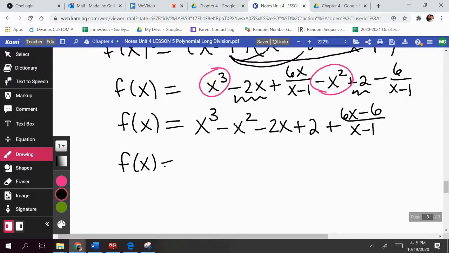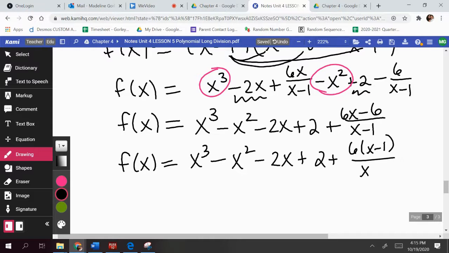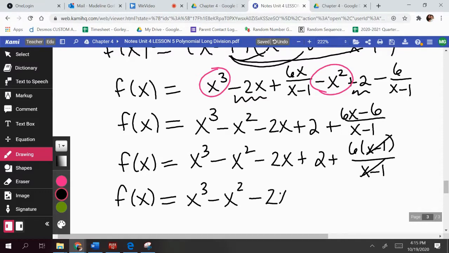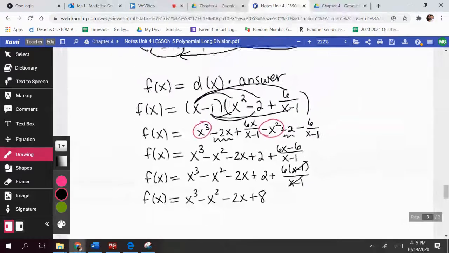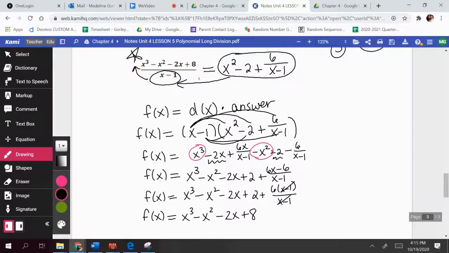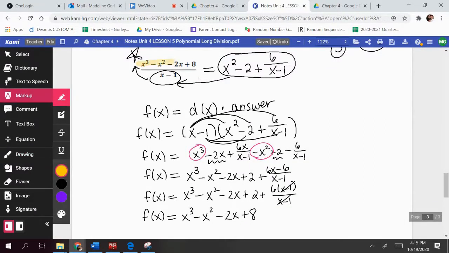Now this is something we haven't really learned yet, but I could factor out the 6, and the x minus 1s would reduce. So I'd get x cubed minus x squared minus 2x, and that would end up being plus 8. Is that what I started with originally? It is. Yeah, look at that. X cubed minus x squared minus 2x plus 8. Okay, so I know I got my answer correct when I did that long division.